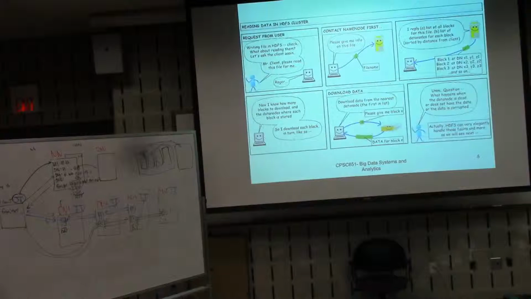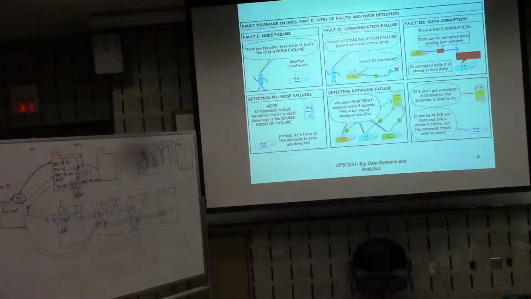When you read the data, it's quite similar. You ask the naming node, and the naming node has the information about where block 1 is available. Then, based on the distance information, you contact the data node directly and get the data.